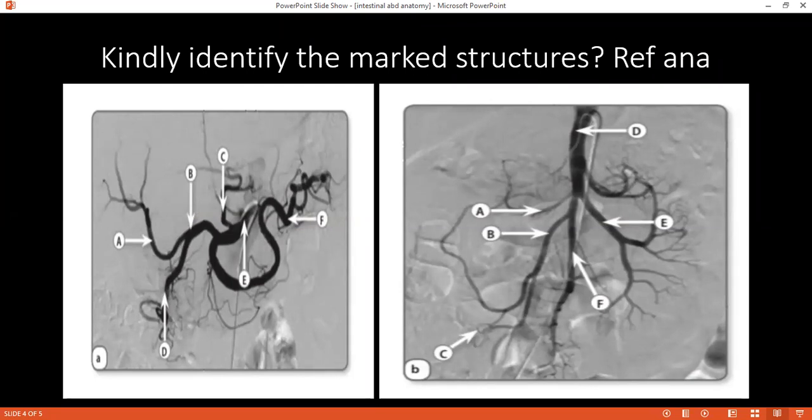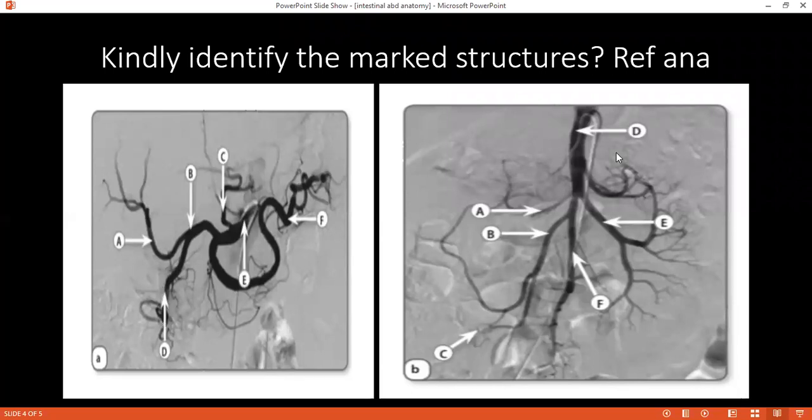Structure A is the proper hepatic artery. Structure B is the common hepatic artery. Structure C is the left gastric artery. Structure F is the splenic artery. E is the celiac trunk, and D is the gastroduodenal artery.